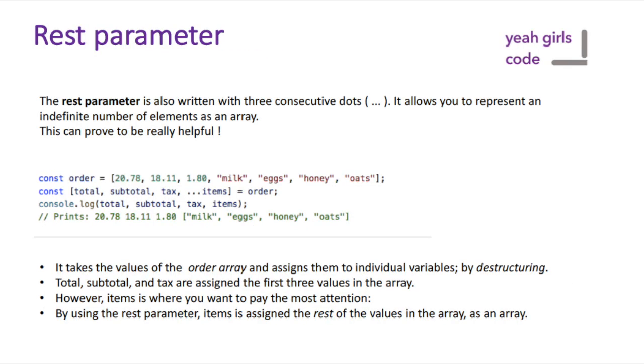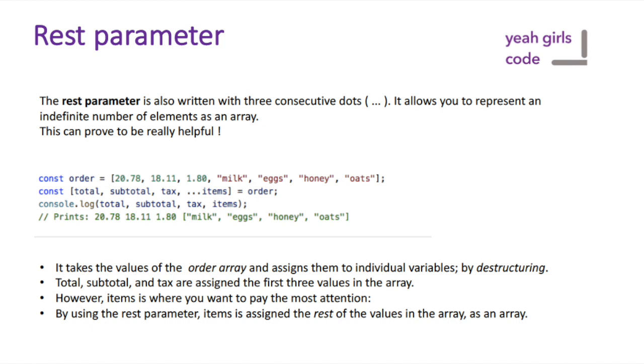So the rest parameter is also written with 3 consecutive dots. It allows you to represent an indefinite number of elements as an array. This can prove to be really helpful. So look at the code. You have const order, some numbers, some strings on it, milk, eggs, etc., 180. Then you destructure it. You have const [total, subtotal, tax, ...items] = order.